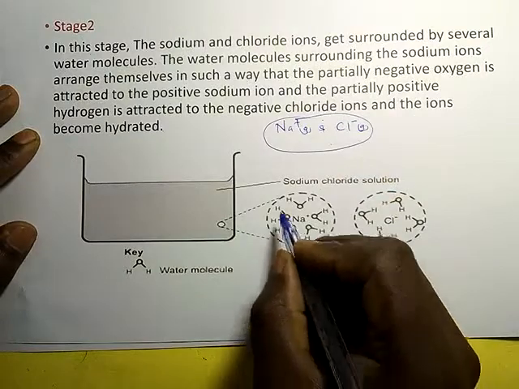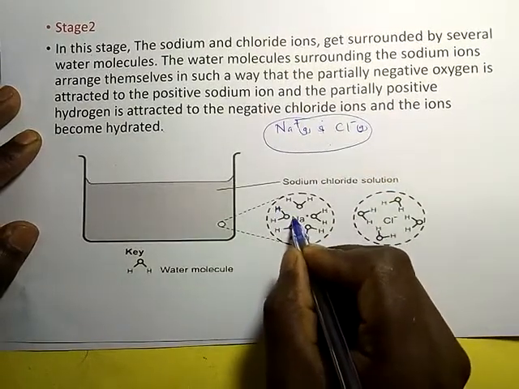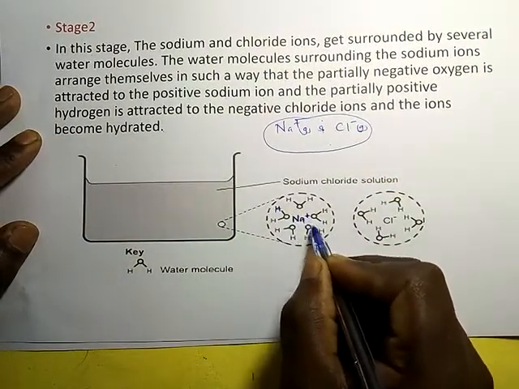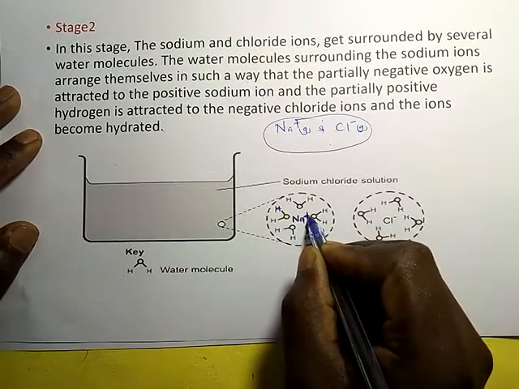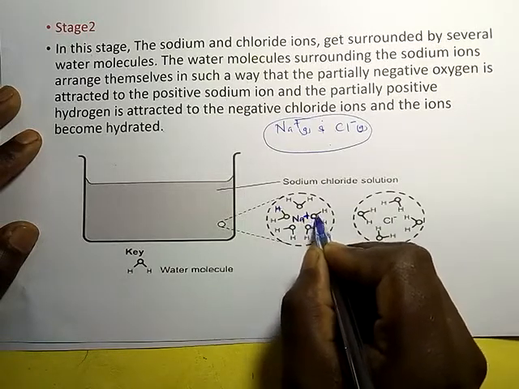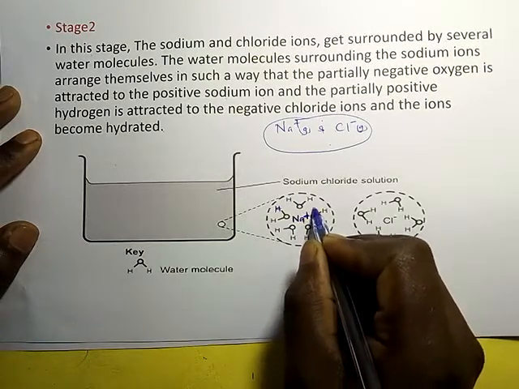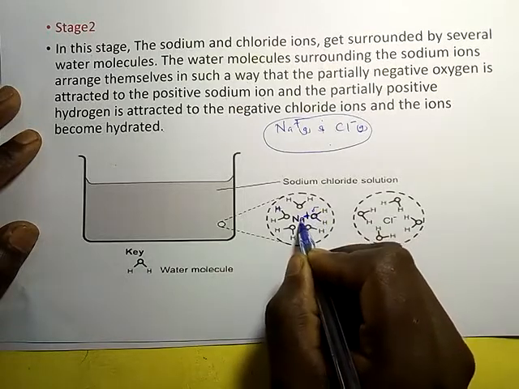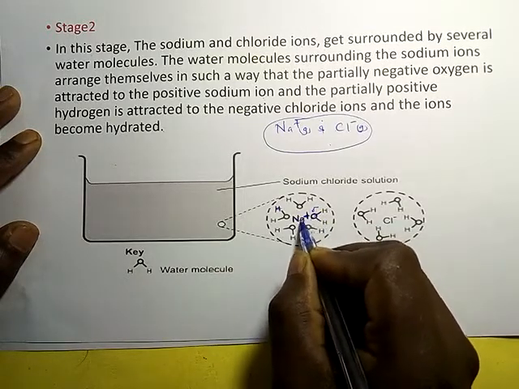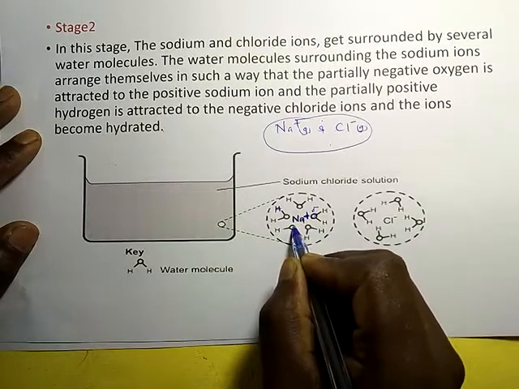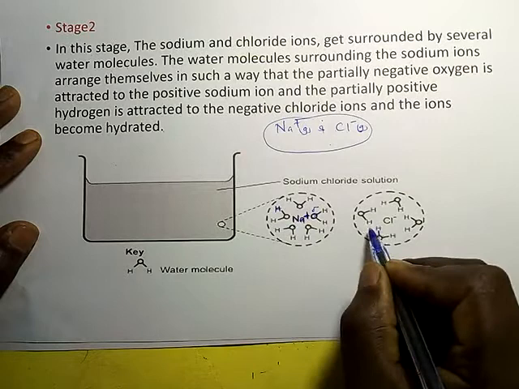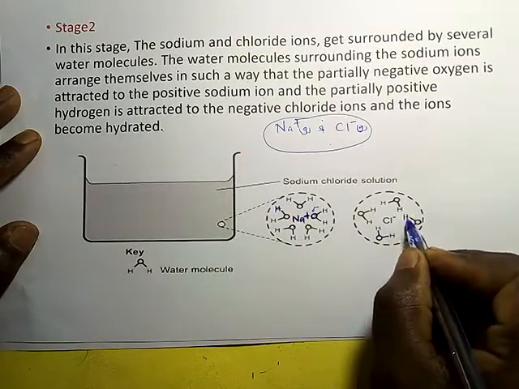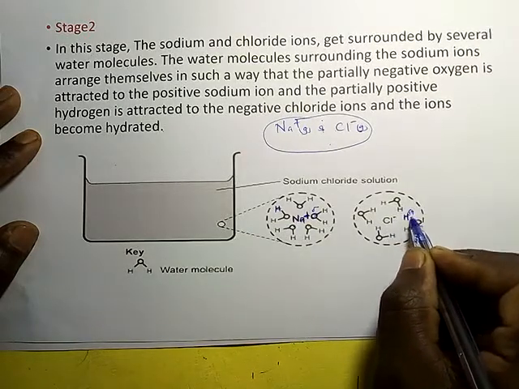They are surrounded in such a way that the sodium ion, which is positively charged, arranges itself so it is attracted to the oxygen, which is partially negative. Oxygen is negative and sodium is positive, so these charges attract one another. You can see it is oxygen, sodium, oxygen, sodium. The chloride ion is surrounded by the partially positive hydrogen.